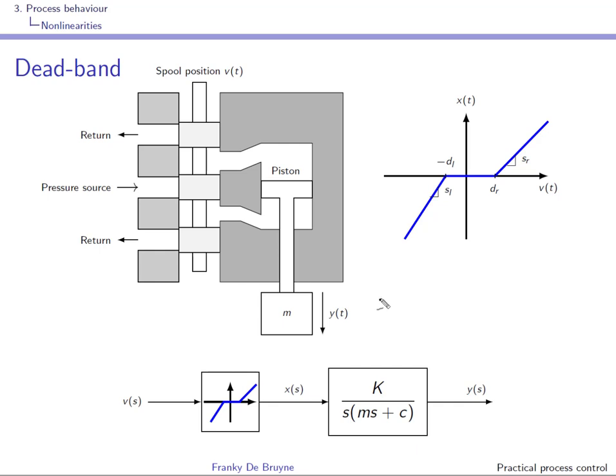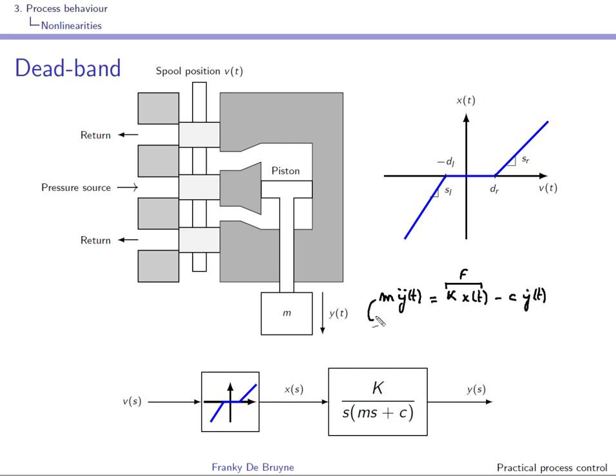We'll have m, mass times acceleration, m y double dot, is equal to the driving force, which will be proportional to the opening, let us say k times the opening, and there will be a friction force, where c is the friction coefficient, times y dot.